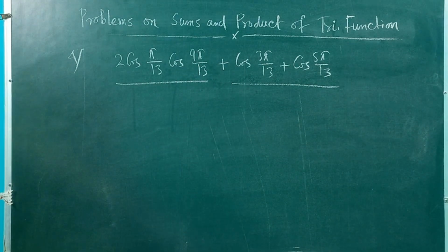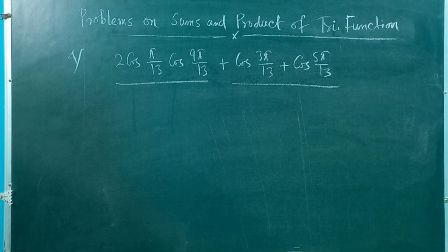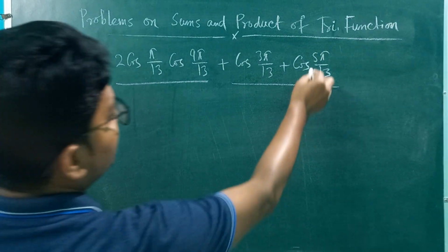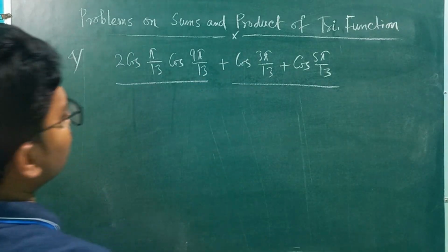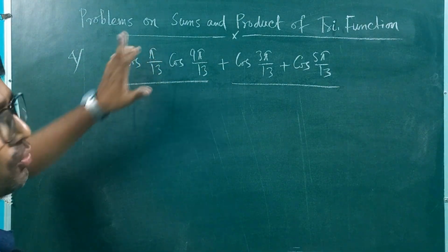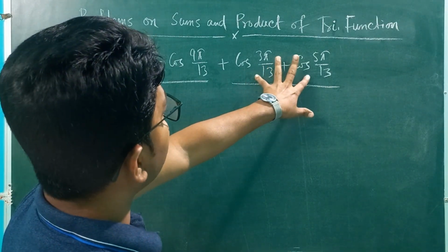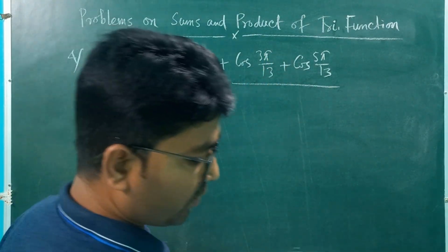Then you can get a common term. See, 5 plus 3 means 8, and 8 by 2 means 4, but if you subtract them, 5 minus 3 is 2, 2 by 2 means 1, so you can get pi by 13 as a common. So that's why I will convert this sum into product.